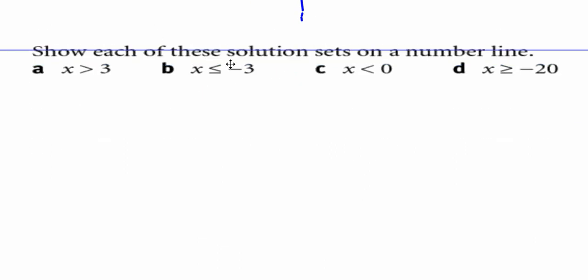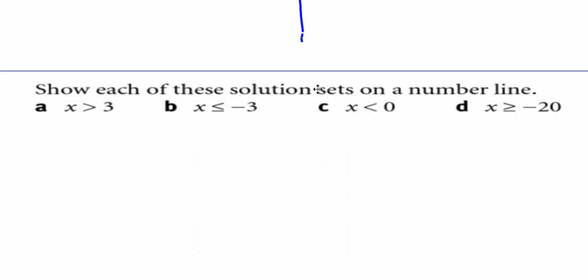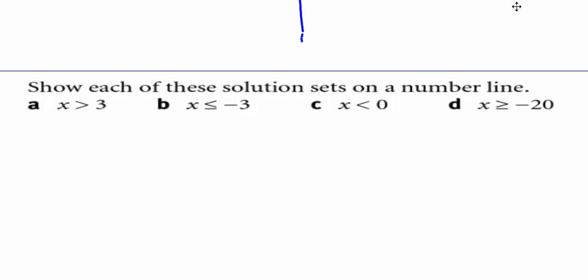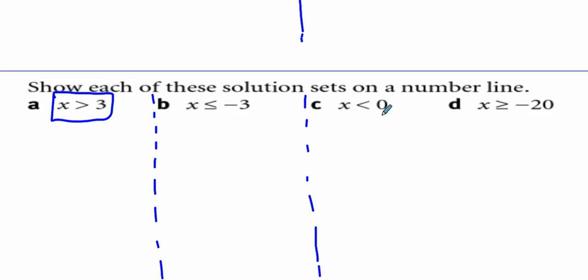Now here we try to assume that we have solved the inequality, and this is the final answer. This is the solution set. X is bigger than 3 for part A. For part B, we have x is less than or equal to -3, and for part C, we have x is less than 0, and for part D, we have x is bigger than or equal to -20.